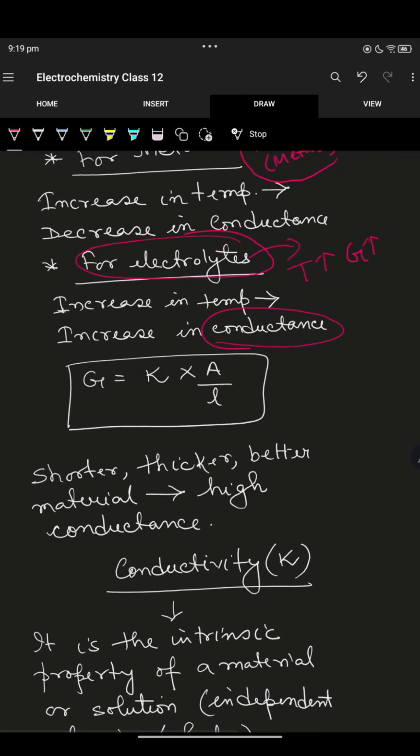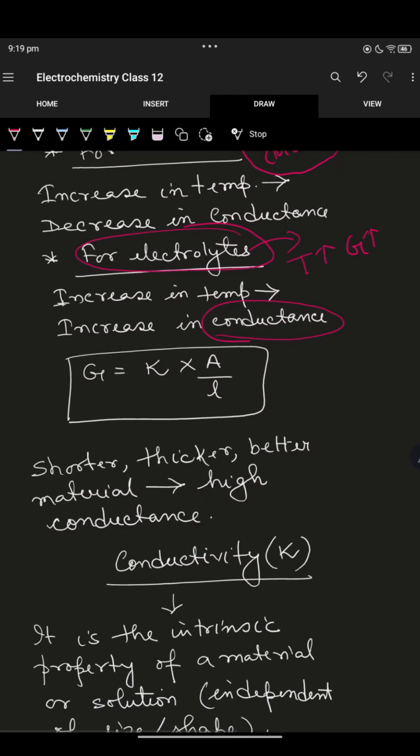Now G is equal to kappa into A by L, where kappa is conductivity and G is conductance. So this is how conductance and conductivity are interrelated.